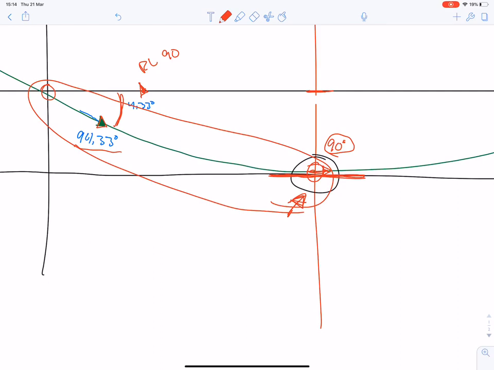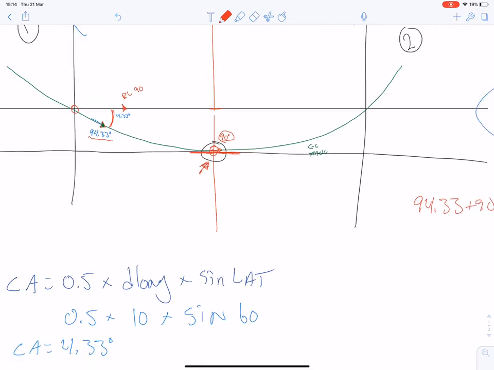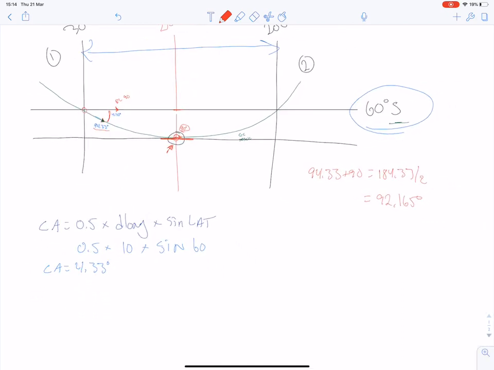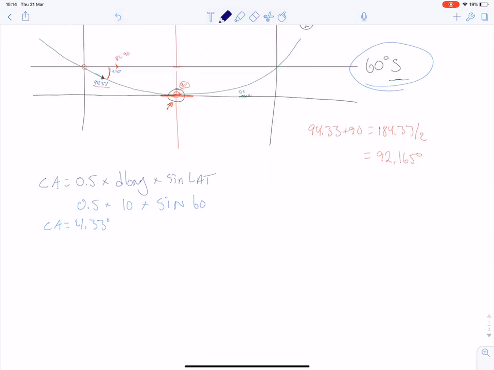All right. So now we can treat this as a 1 in 60 question. We can say that the angle 92.165, we have an additional angle here, therefore, of 2.165 degrees. So we have distance off, distance gone, and the z.